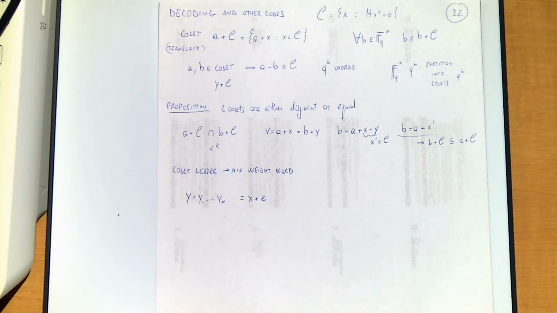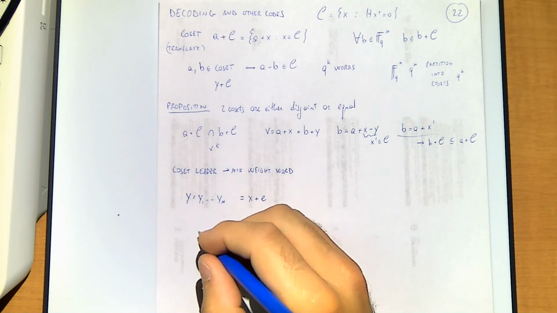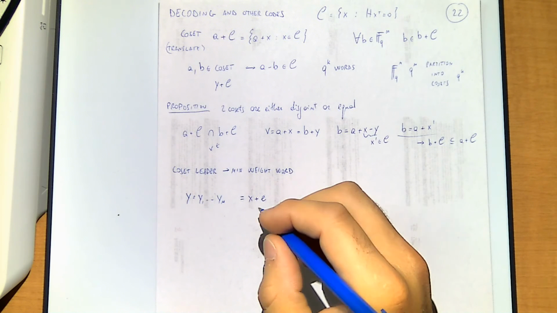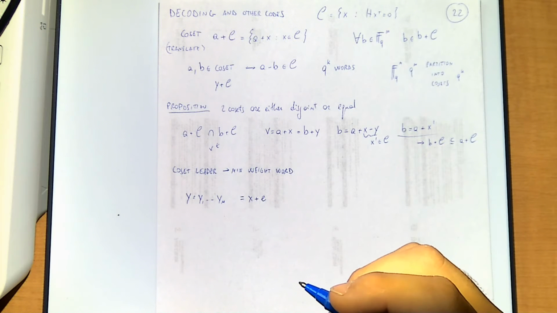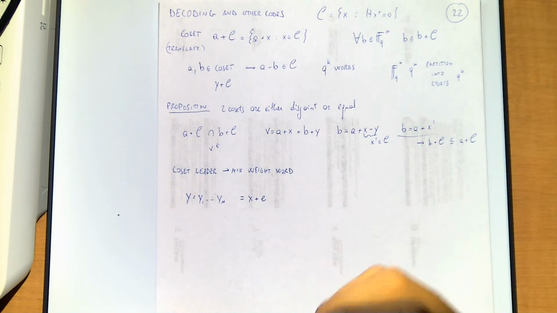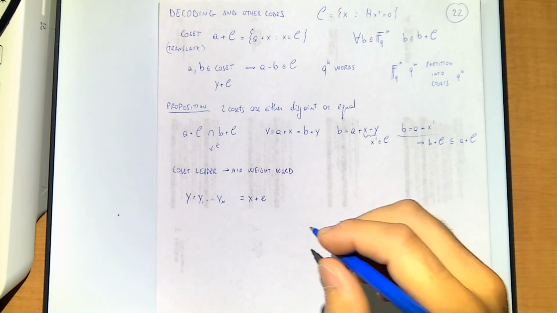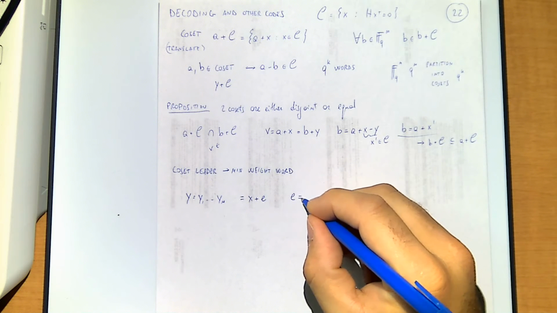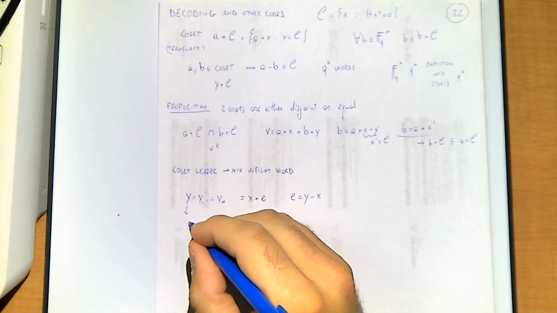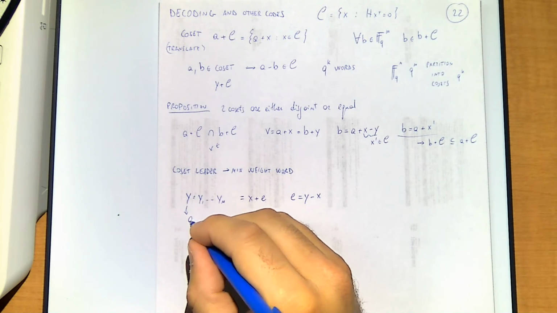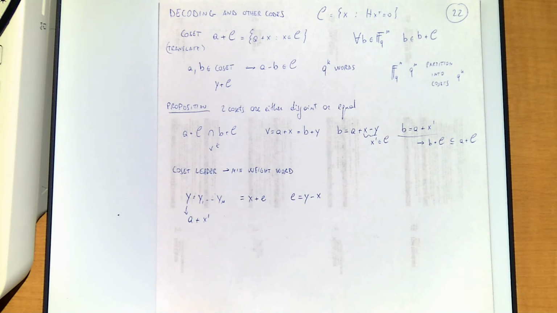And so let's say that therefore the error is y minus x. And I know that y belongs in a coset, say a plus x prime.